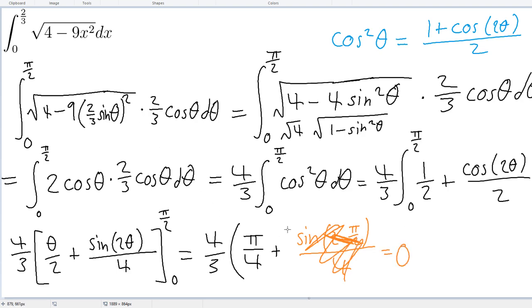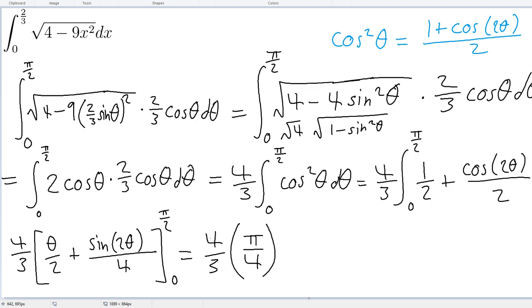So technically, this is literally our answer. And if you plug in 0, it's just going to be 0, because 0 divided by 2 and sine of 0 is 0. So this whole thing is 0.